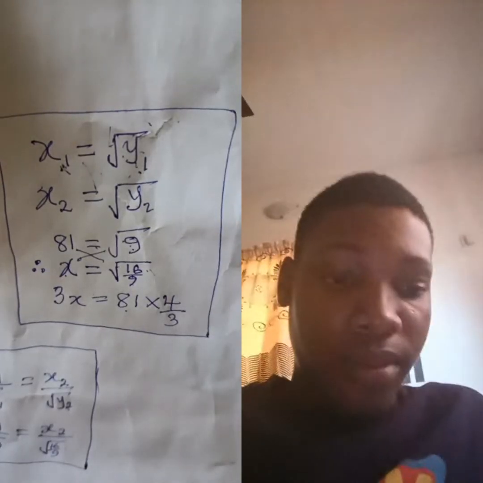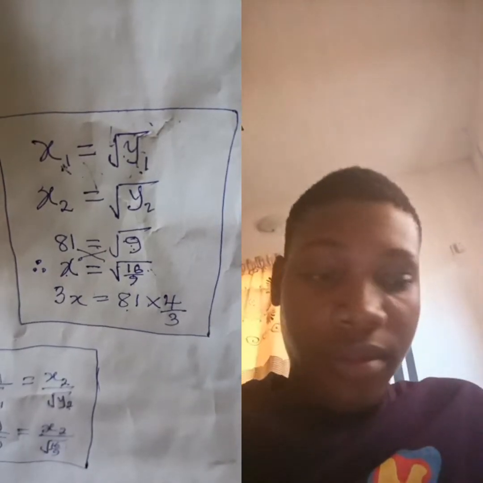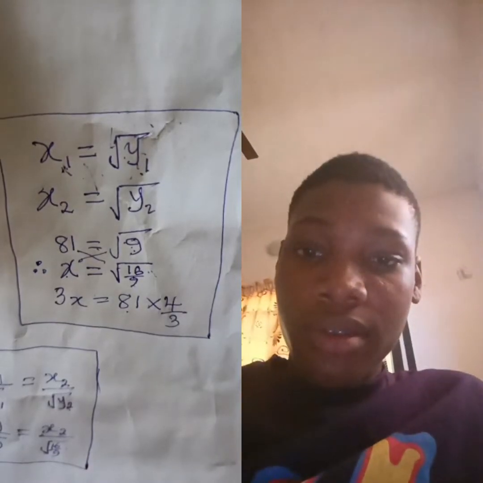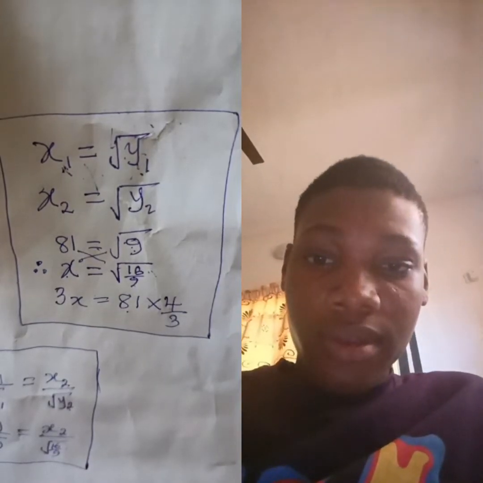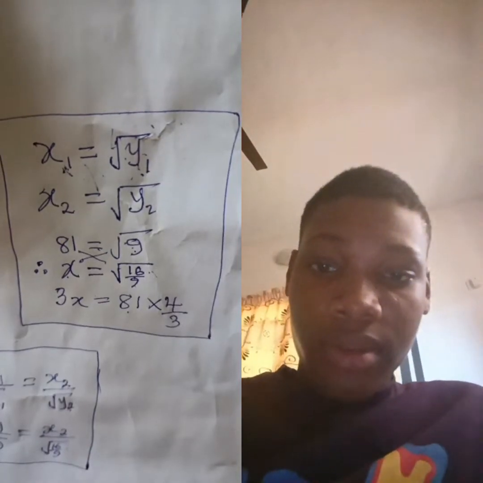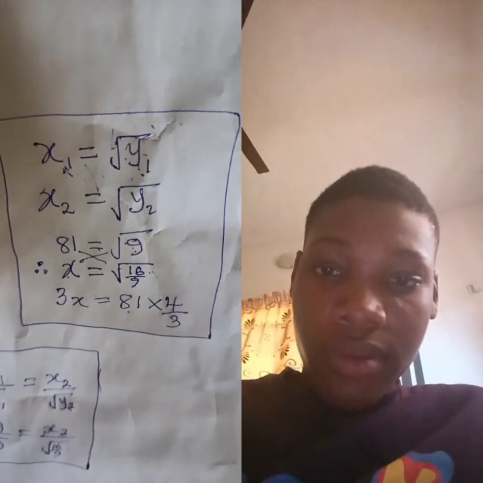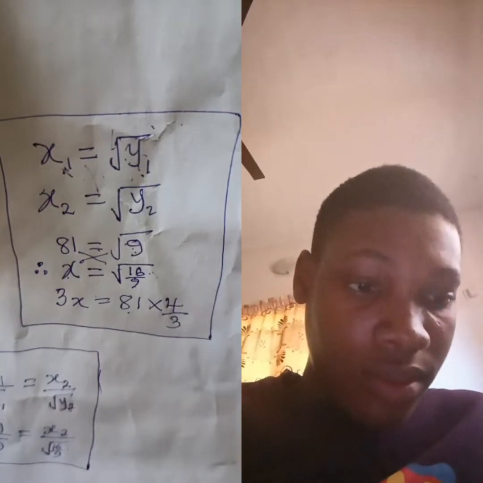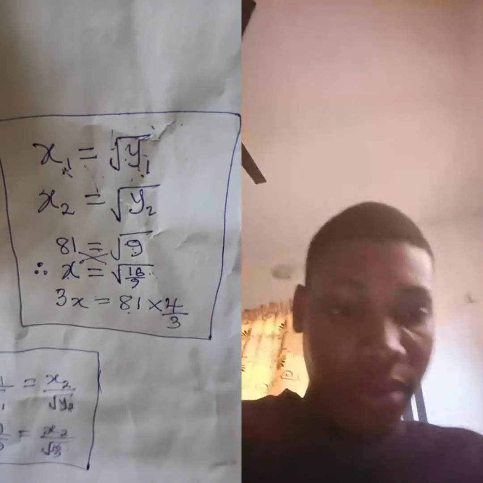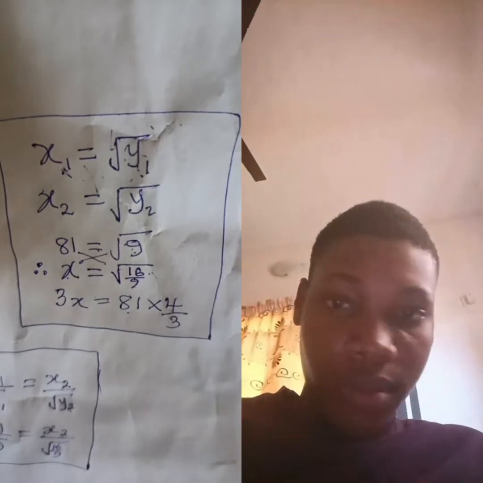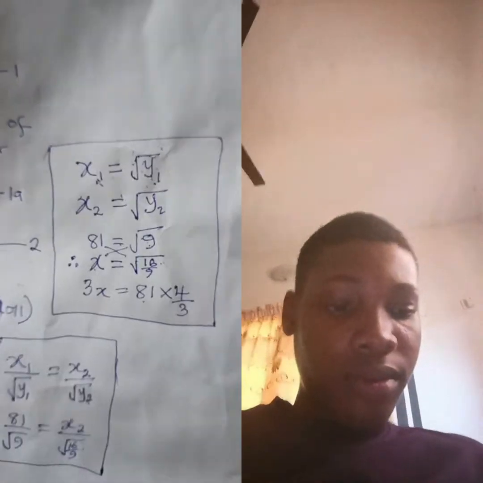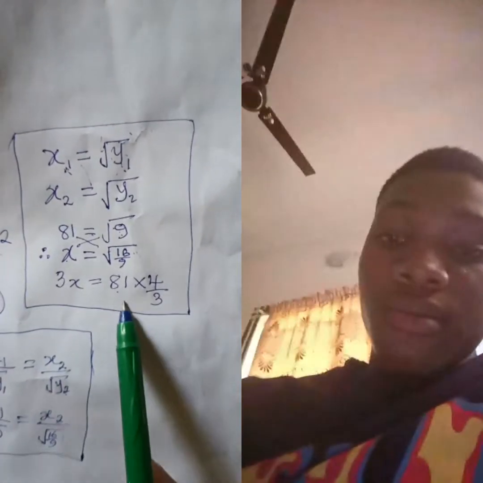Be fast because our time is up now. It's meant to be a 1 hour class at least. This is 54 minutes now. I'm done. Good. So simplify this and then solve for x.